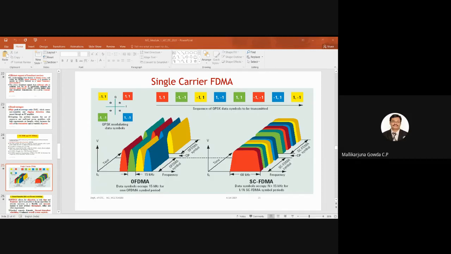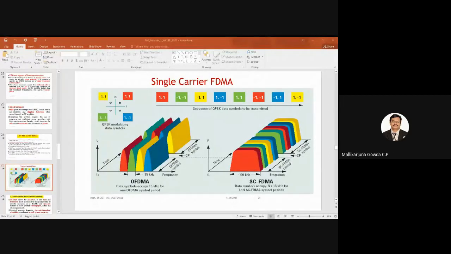You can interpret in your own way. I expect you to express your understanding. The common frequency, a single frequency, is used in SC-FDMA, but in OFDMA, multiple frequencies are used, not a single one.